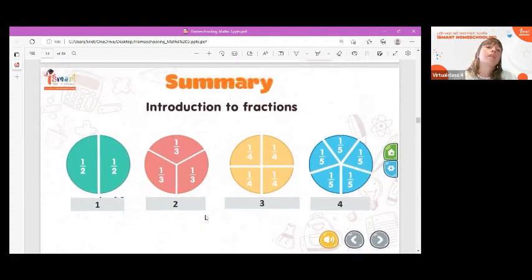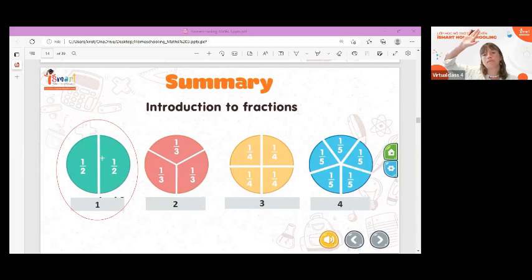All right. So let's take a look at fractions. These are also divided into equal parts. All right. So if we look at number 1 over here, who can tell me what fraction is this? What fraction is this?